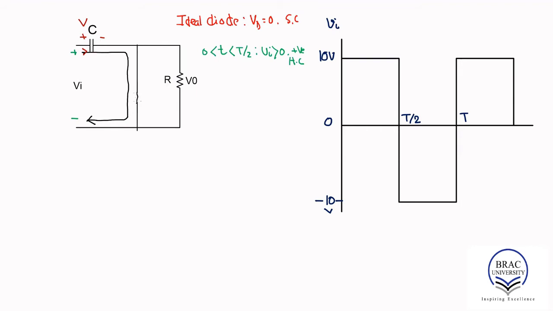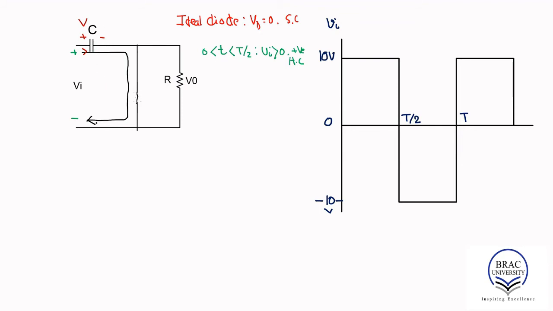Now, as the capacitor is charging up, the voltage across the capacitor is increasing, and we found out since the charging time constant is 0, it will charge up instantaneously. Now let's find out the value of the voltage across the capacitor.